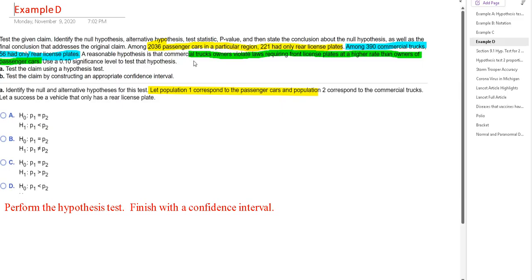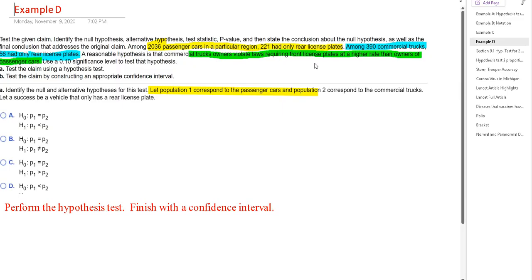Now our original claim is right here, that truck owners violate laws requiring license plates at a higher rate than owners of passenger cars. Let's think for a second: is this going to be a test about means, standard deviations, or proportions? It's all the above, right? All right, list three different answers. So proportions is the right one.